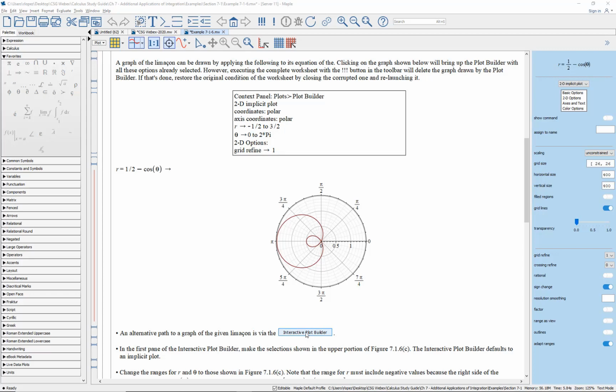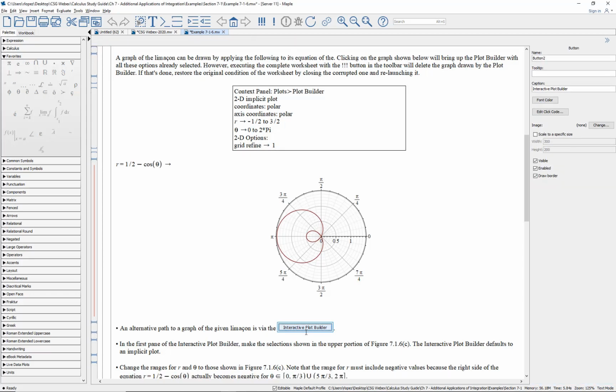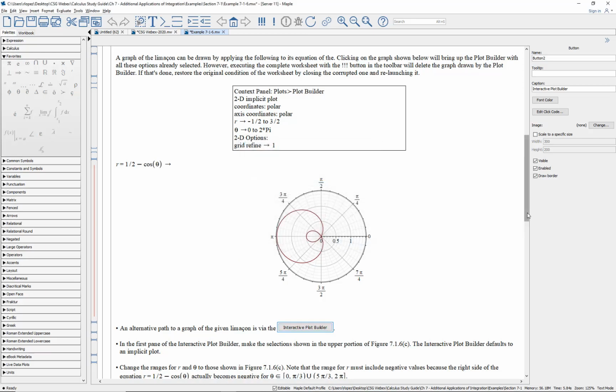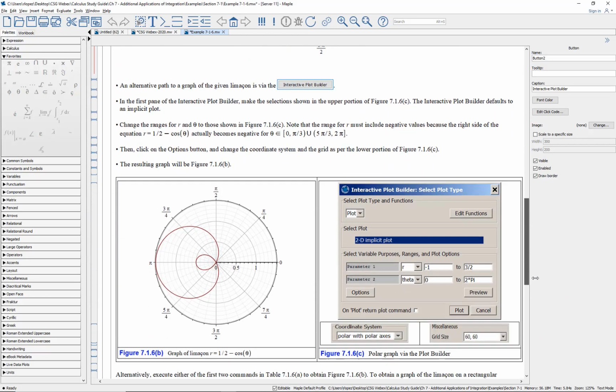There's another tool for graphing here in Maple, the interactive plot builder. It's an older plot builder. You can access it through a command. It allows you to create a similar graph.